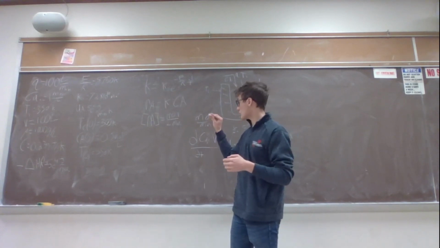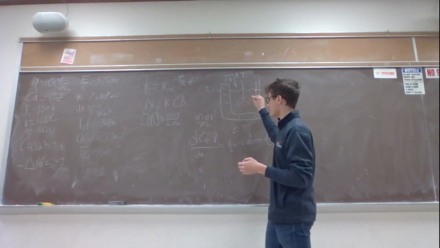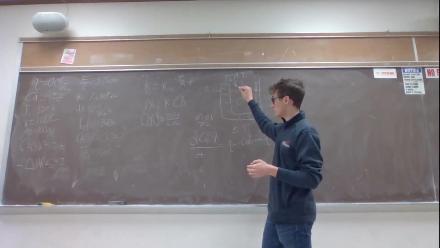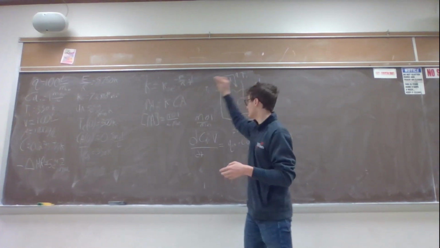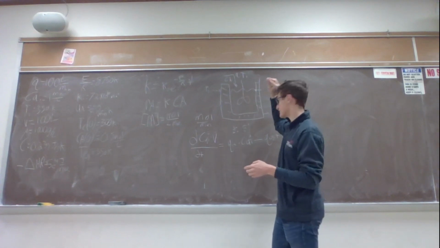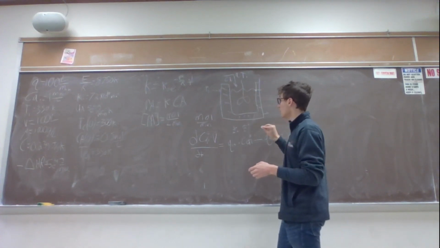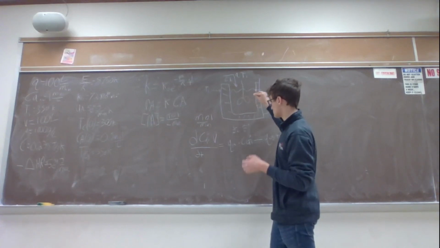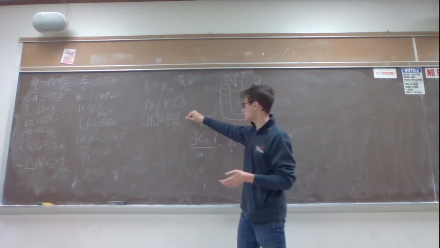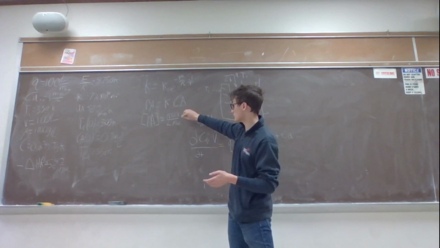It depends on volume. So the rate at which A is being consumed is dependent on the volume of the tank, okay? And we want to know how much is being consumed, which we need in moles per minute.